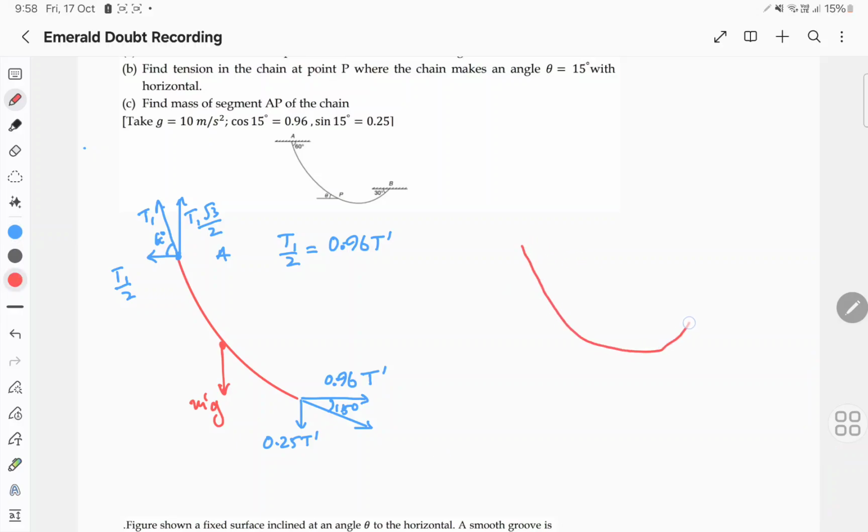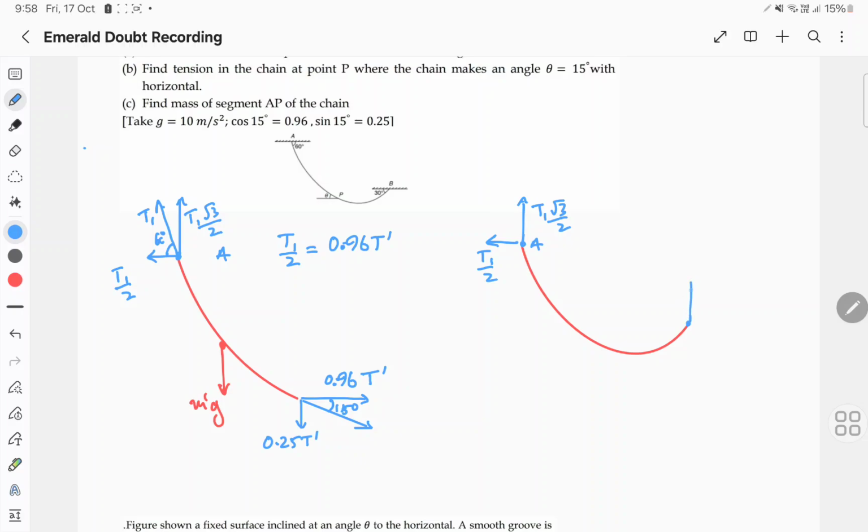So we can draw this situation, the whole figure, and here also we have tension, the very same T1 root 3 by 2 at the point A and T1 by 2, and here we have T2 suppose.